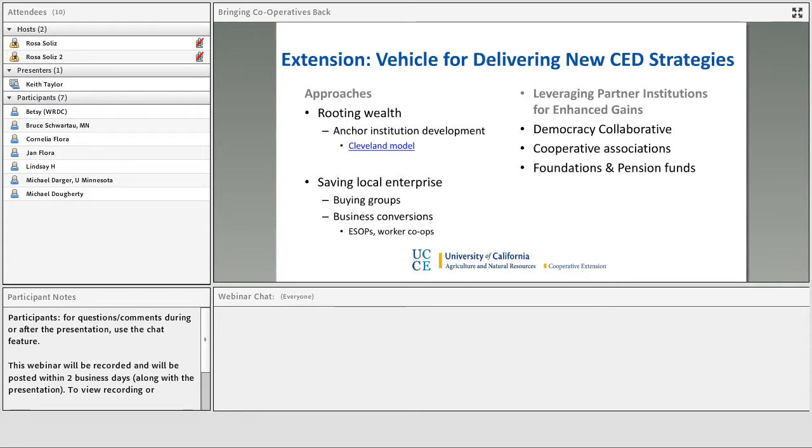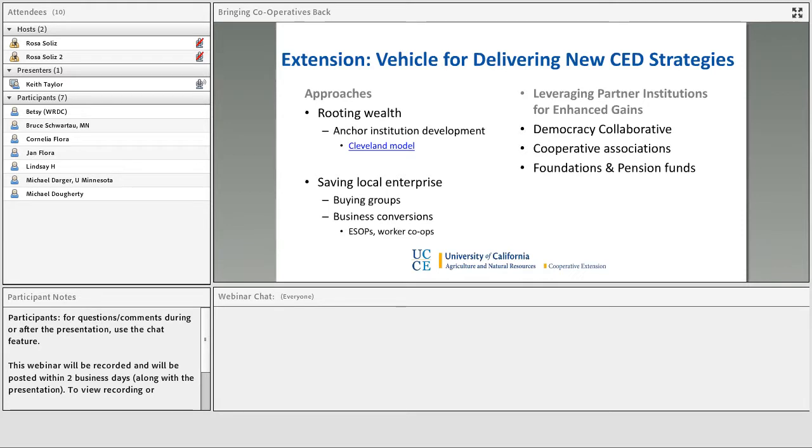So imagine if we could take these approaches to developing cooperatives and link up with community-based enterprise as well, the traditional approaches, mom-and-pop or sole proprietorships and whatnot. Instead of letting those businesses wither on the vine, we have the staff buy them out. So there's ways that you can do this.